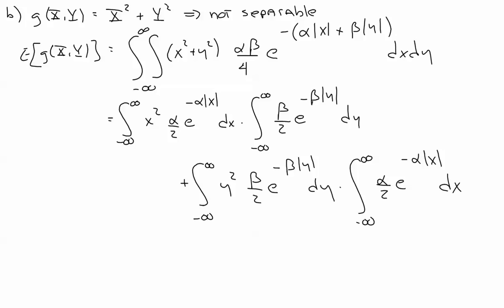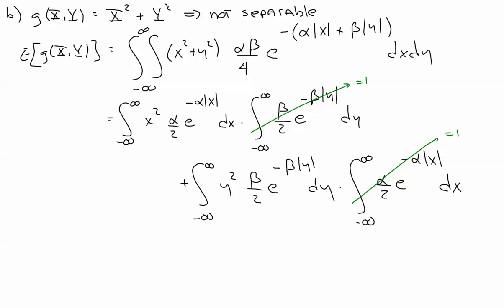Looks like it. Okay. So, by definition, the marginal probability density functions have unit area. So this integral is 1, and this integral is also 1. All right.